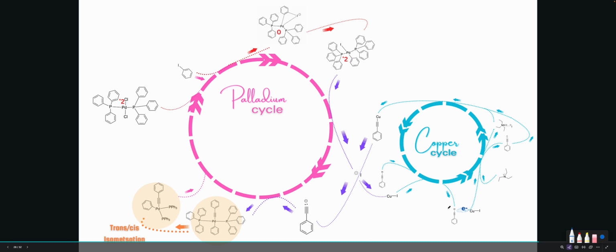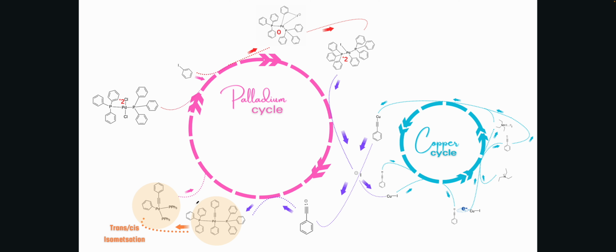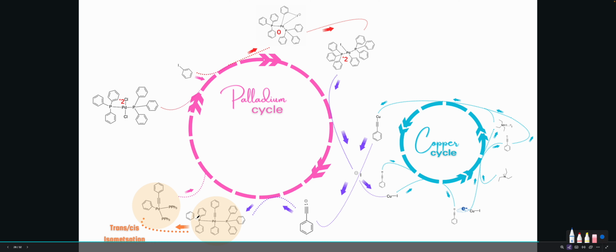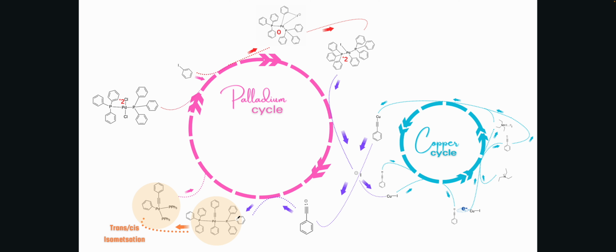Okay, see, trans-cis isomerization. So, as you know, if you've done organic chemistry, which I'm sure you have, you would know that this is a very unlikely arrangement for any molecule to do because of the repulsion and the steric hindrance of moving a thing so bulky over each other, basically.